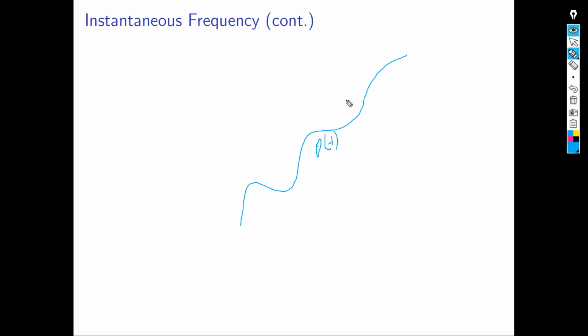And I ask you to find the instantaneous frequency at this point. What do you do? You make a slope, or you take the derivative at that point. You make a slope like this line.